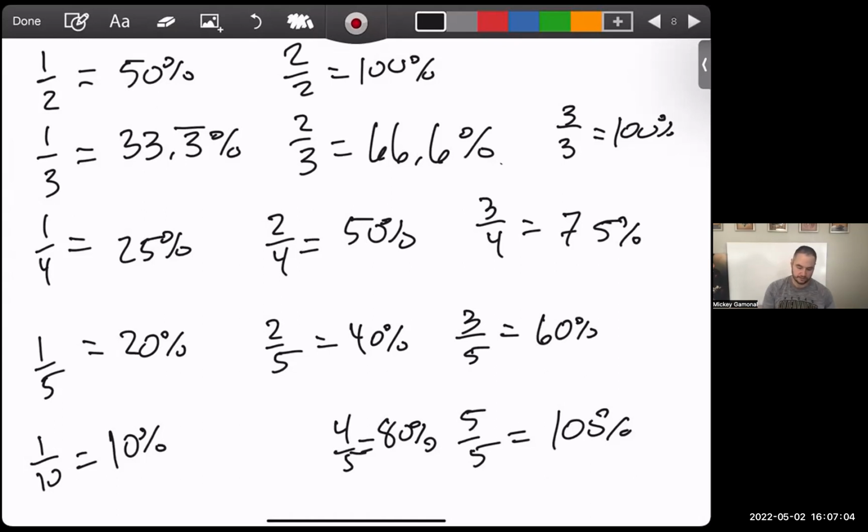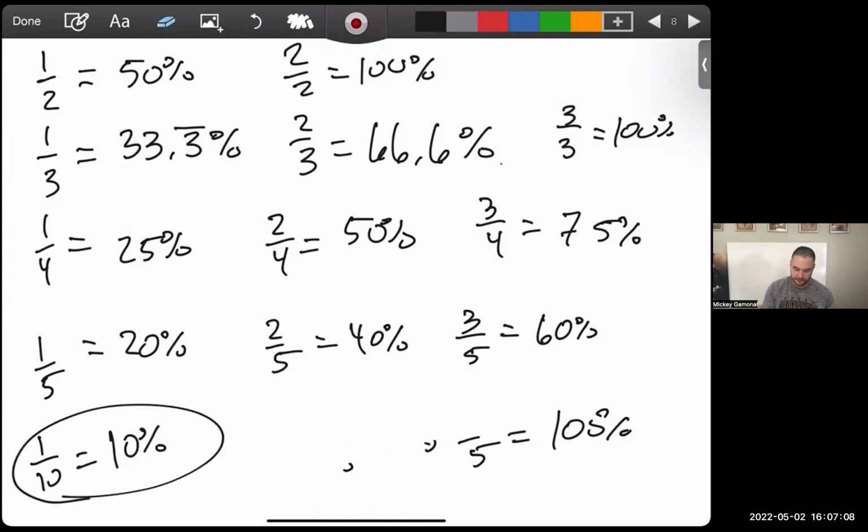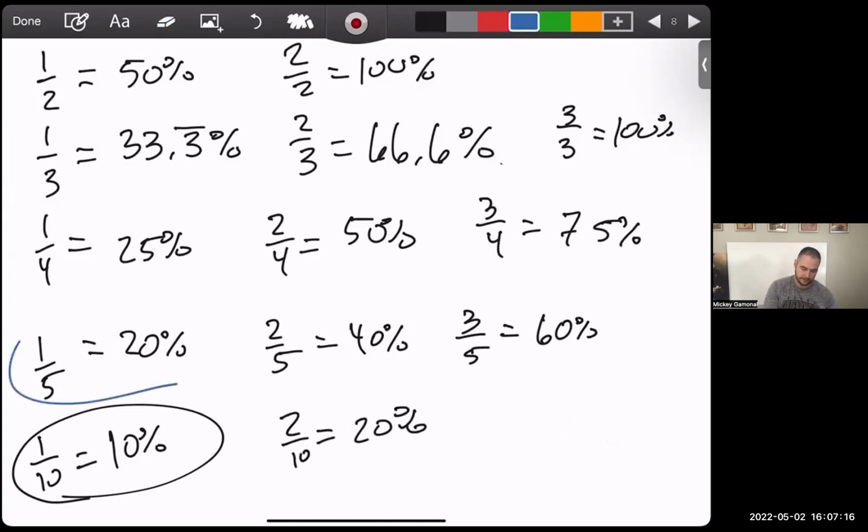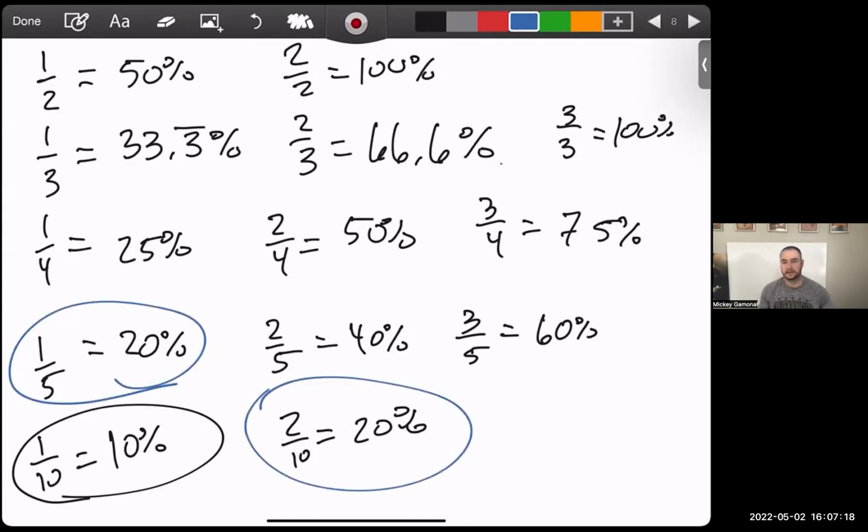And so what's cool about this little example, 1/10 being 10%, is if we go through and say 2/10, that's 20%, right? But what we notice is, wait a minute, that's the same as 1/5. And the reason for that is because 2/10 is 1/5. If we wanted to reduce 2/10, we would divide top and bottom by 2/2, and we would get 1 out of 5.